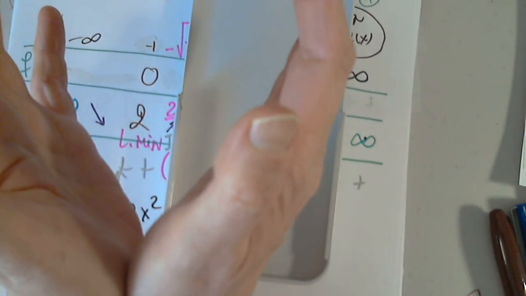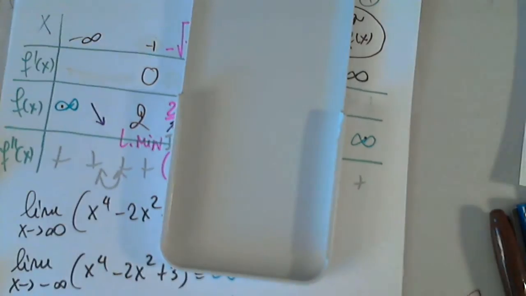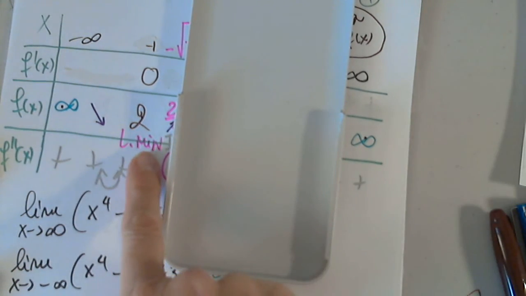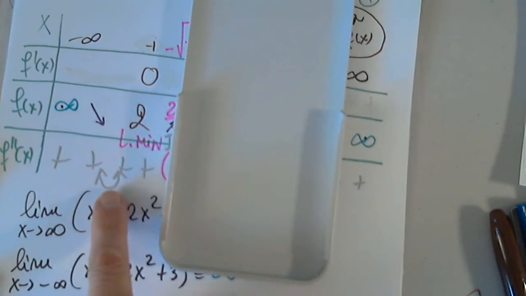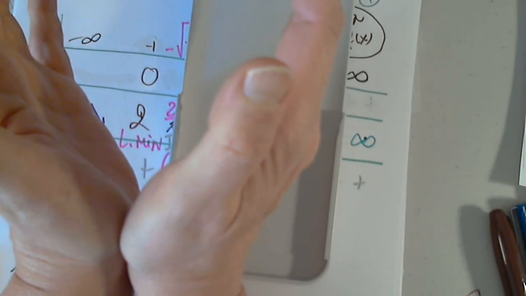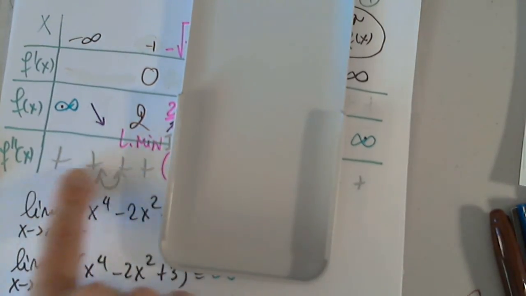Negative 1, 2. What type of max or min? Would it be a local max or local min? It has to be a local min. It cannot be anything else if it opens up. The function on this territory between negative infinity and this point opens up.